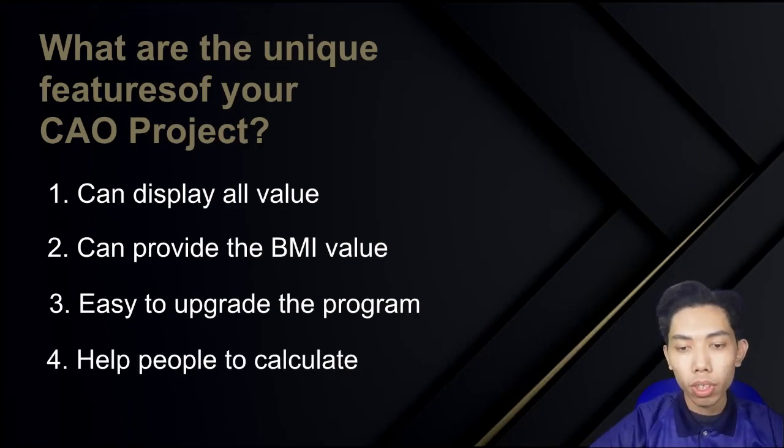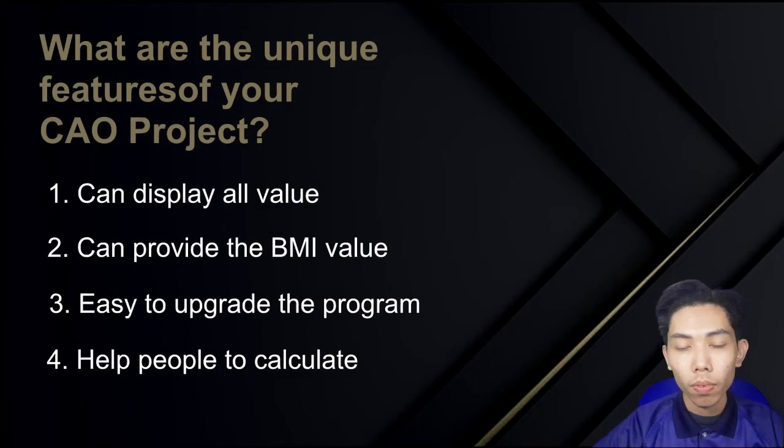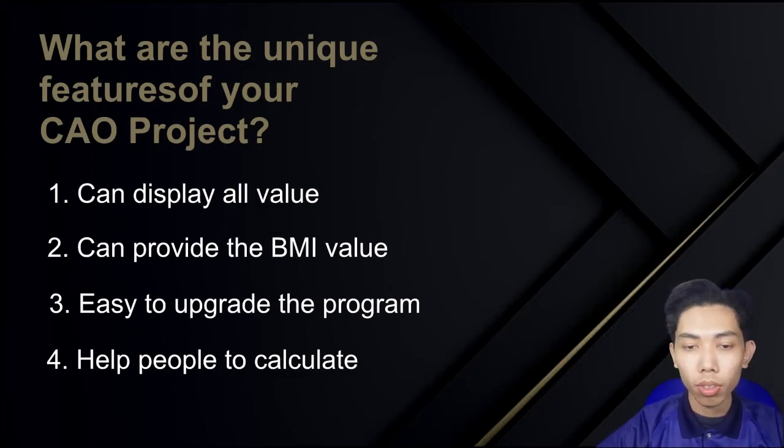Number 4 is the system can help people calculate their values without referring to the formula in books. The system already generates the value for the user, so there is no need to take a calculator and make the calculation manually. So that's all the 4 points for my question. We are going to the next question.